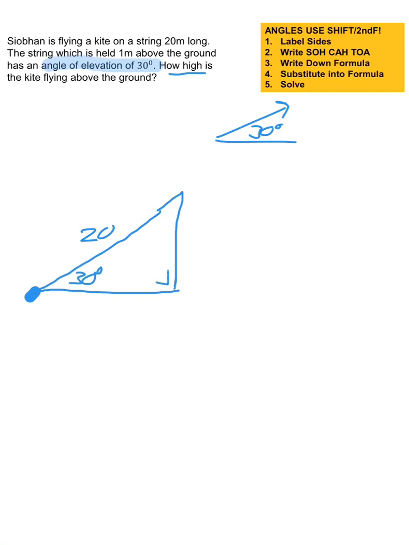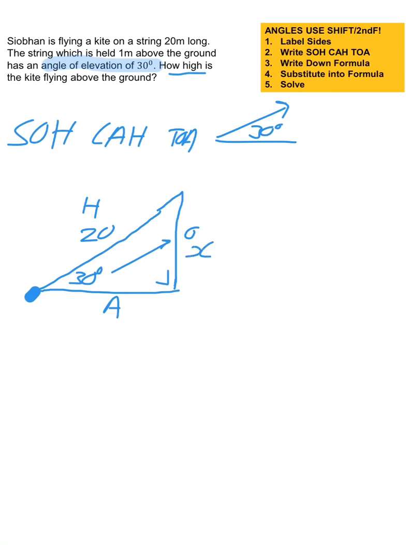Okay, let's label our sides. So we have our hypotenuse, our opposite, and our adjacent. That's right, so TOA. So again here we're looking for how high, so we're looking for the opposite, so let's call that x. And we can see now we've no information for the adjacent.